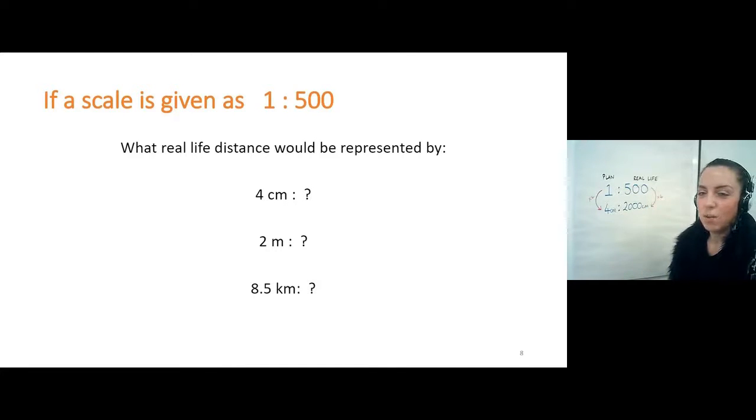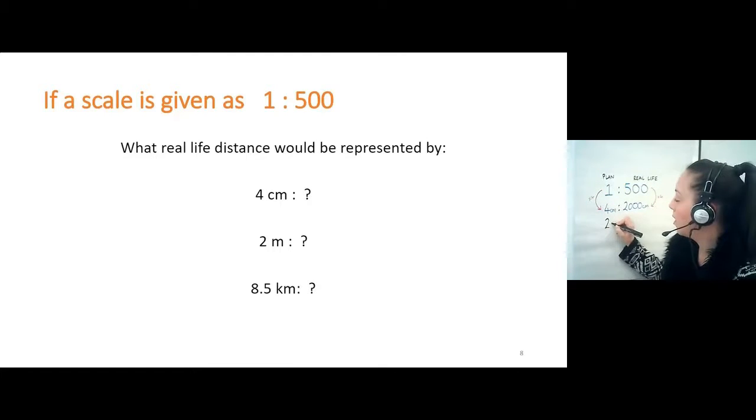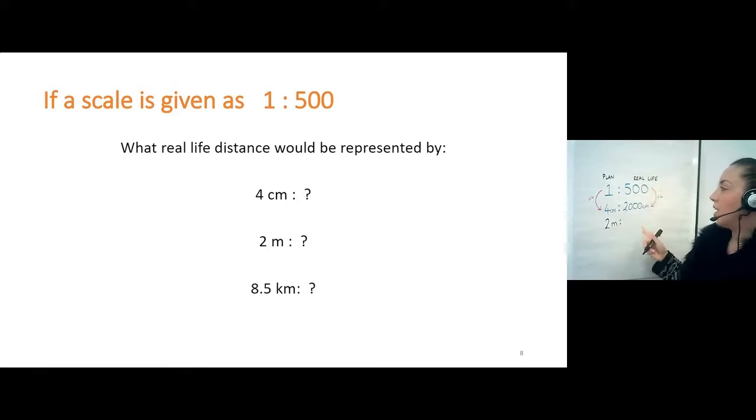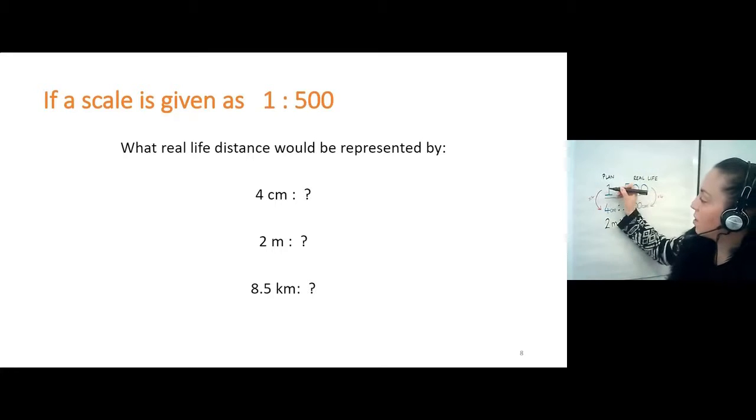Is that okay? Shall I do another one? So the next one is, what real life distance would be represented by 2 metres? Okay, so we've got 2 metres this time. On the plan, what's the real life distance? So this was our scale. We've increased the scale this time by 2 times as much.